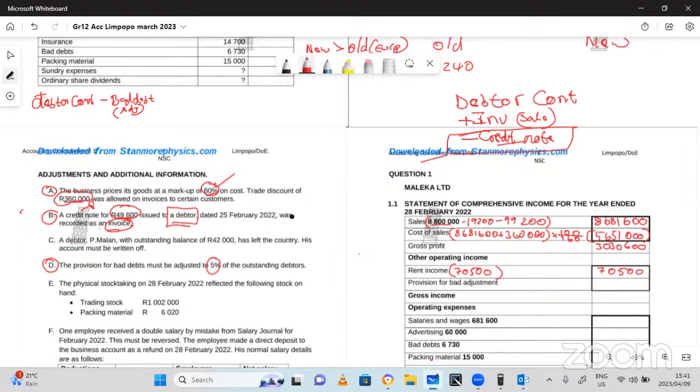It will depend, guys, on the transaction that you are dealing with at that specific moment. Because of this transaction, now we have to subtract. Remember, if there's a trade note with adjustment, you subtract the trade note.